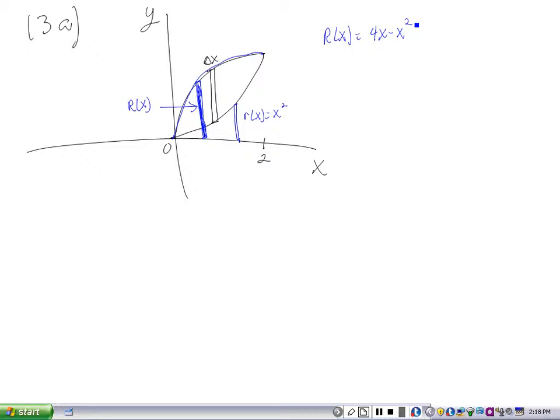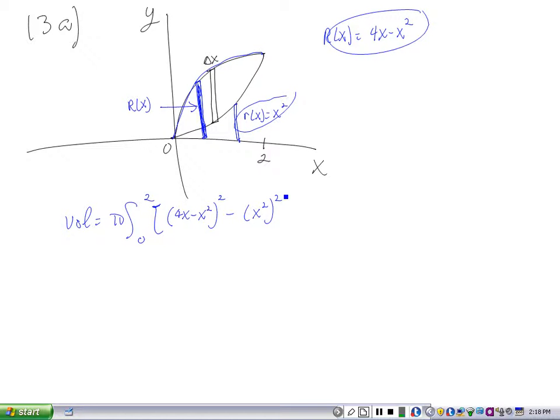And these two equations were given in the beginning, right? Basically one on top and the other one's on the bottom. So here the volume is pi times the integral from 0 to 2. I have the so-called big radius, 4x minus x squared to be squared, minus the little radius.